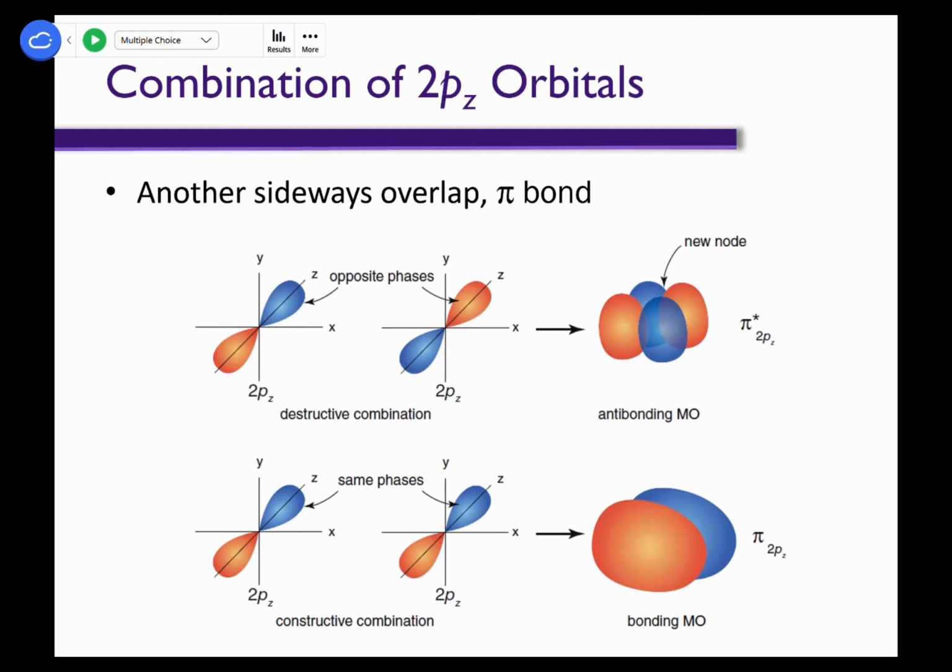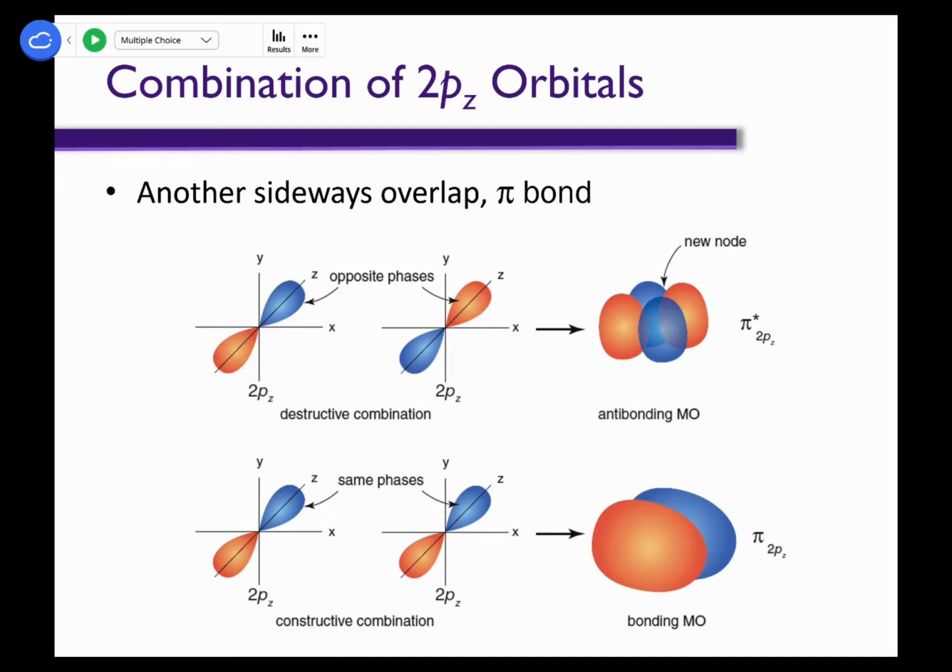So we can have constructive interference, making a second pi molecular orbital. Now it's 2pz because it came from the z. Or we could have a destructive combination, but again, it's coming out of the page. And now we're going to have a new node form right here, but it's coming out of the page looking at you like this.